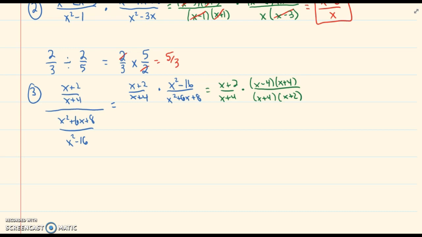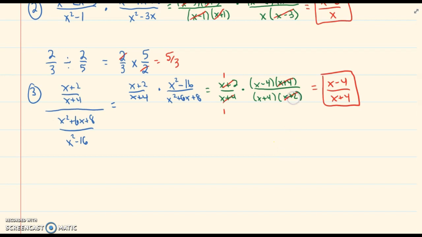Looking to cross reduce, cross cancel. x plus 2 does cancel out, so that's going to leave me with a 1 there. And x plus 4 does cancel. That's going to leave me with a 1 there as well. So in the end, if I take 1 times x minus 4, that's x minus 4. In the denominator, I'm just going to be left with x plus 4. That is my final answer.